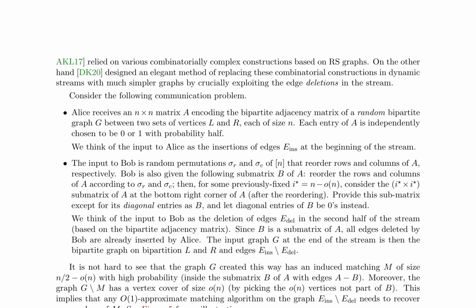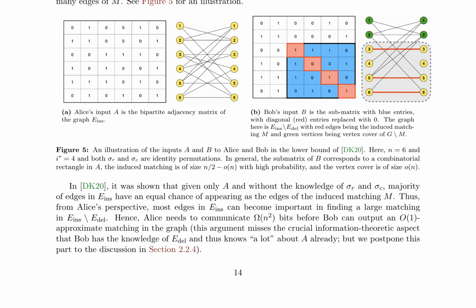The submatrix B corresponds to a combinatorial rectangle in A, and the induced matching is of size n^(2-O(1)), with high probability. The authors then discuss the result of DK20, which demonstrates that given only A, without the knowledge of sigma R and sigma C, most edges in A have an equal chance of appearing as the edges of the induced matching M. This implies that Alice needs to communicate omega of n squared bits before Bob can output an O(1) approximate matching in the graph.